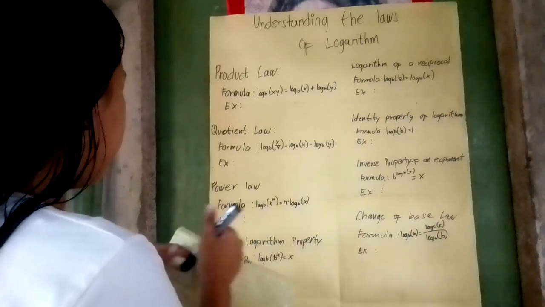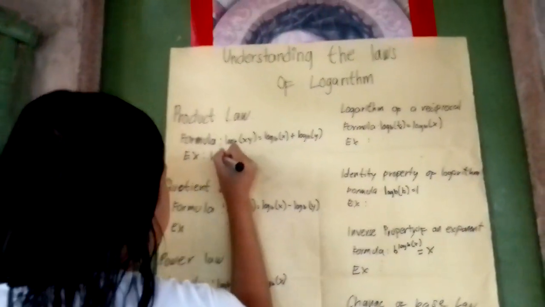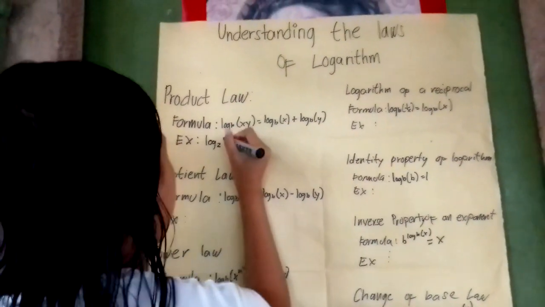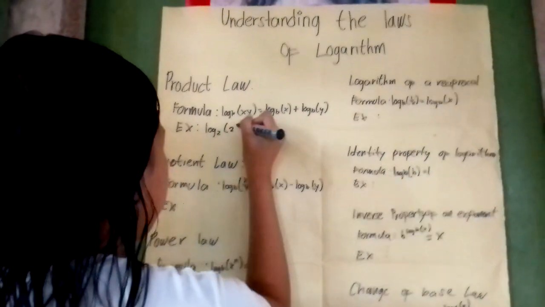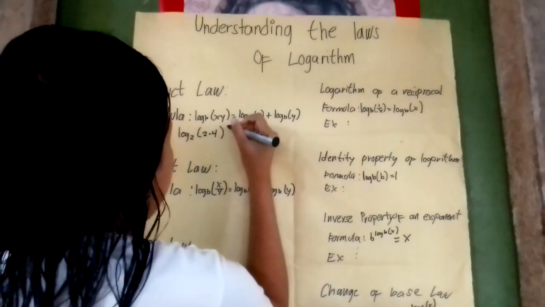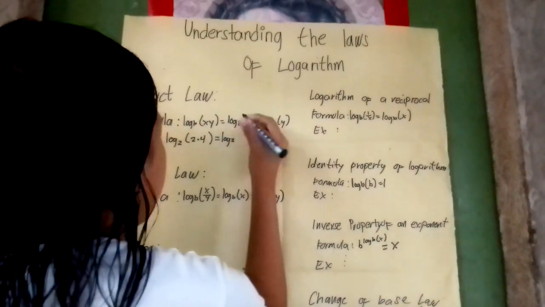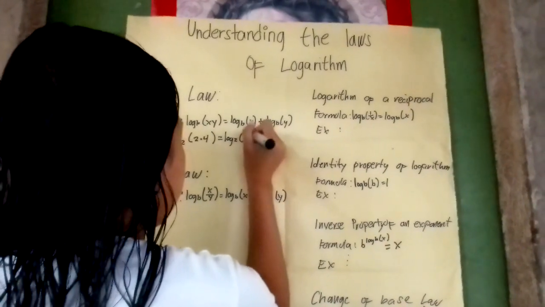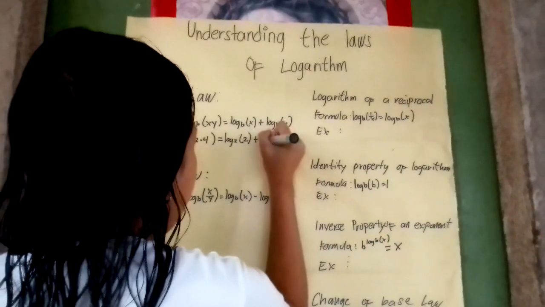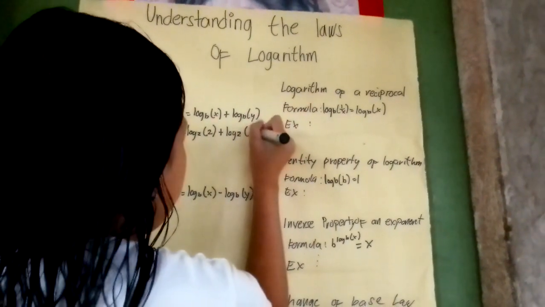And here is the example of the product law. Log base 2, quantity of 2 times 4, equals log base 2, quantity of 2 plus log base 2, quantity of 4.